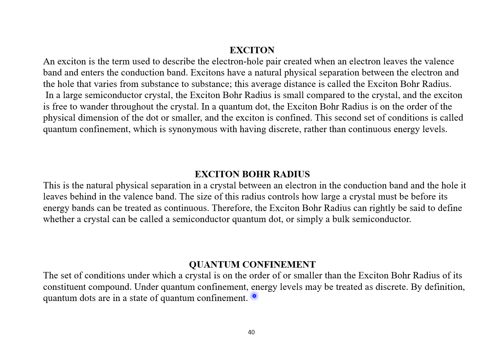Under quantum confinement, energy levels must be treated as discrete. معناته الانرجي level بتكون غير مستمرة، بتكون منفلقة discrete. By definition وحسب طبعا هذا التعريف quantum dots are in a state of a quantum confinement. معناته quantum dot هي في حالة من quantum confinement.